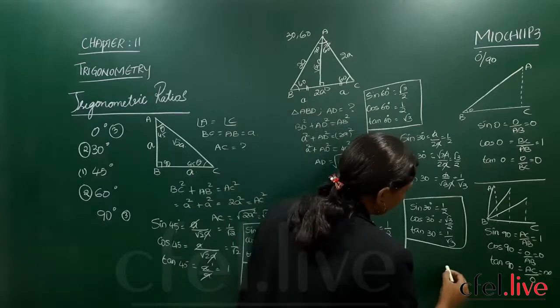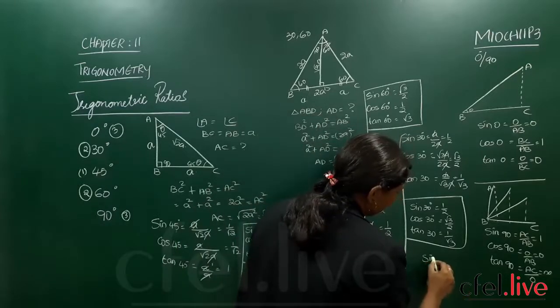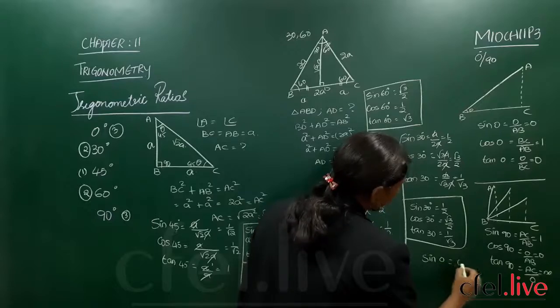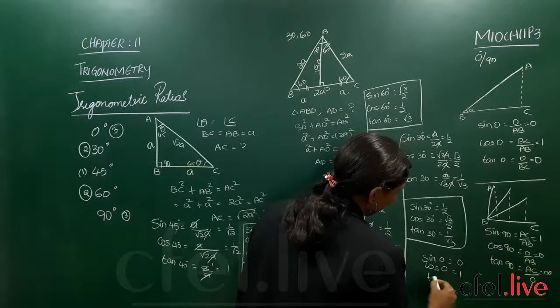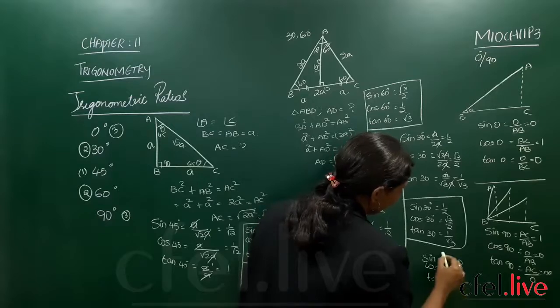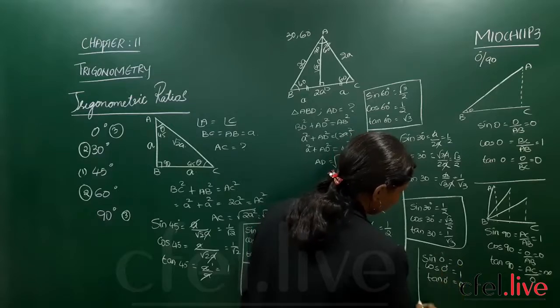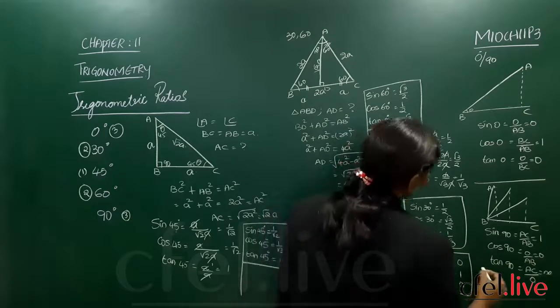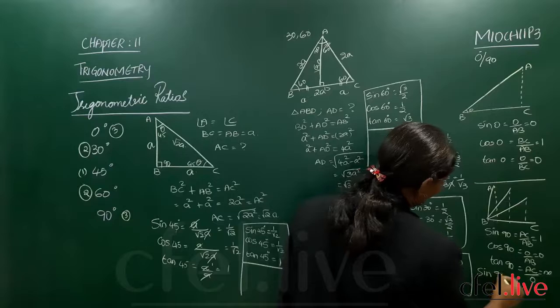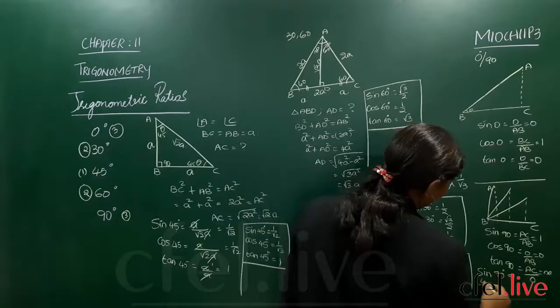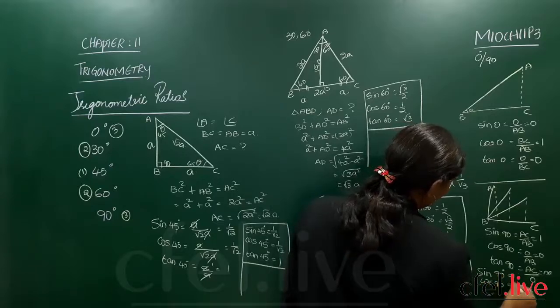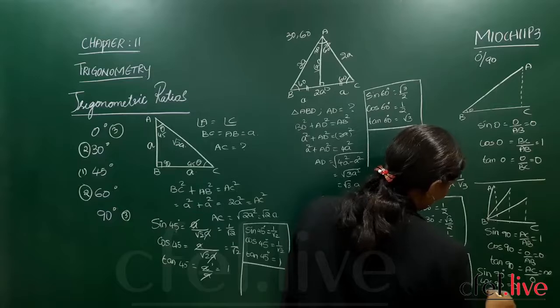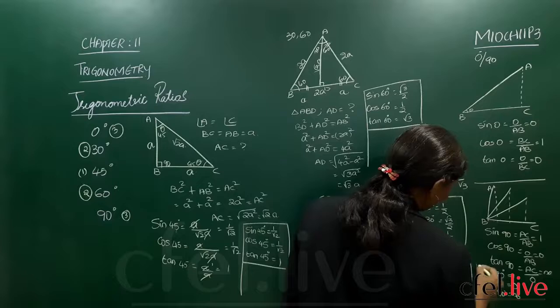So here I will write sin 0, 0, cos 0, 1, tan 0 is equal to 0. Next, sin 90, 1, cos 90, 0, tan 90, infinity.